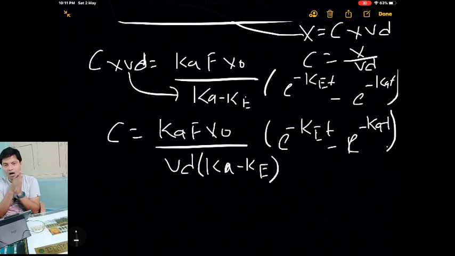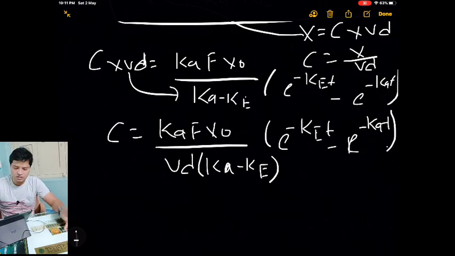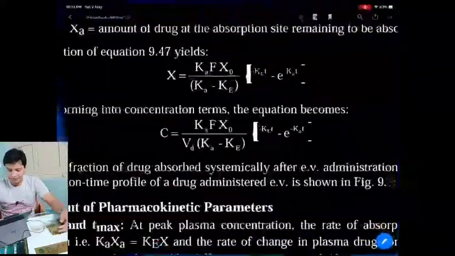If the elimination or absorption or anything is following first order, then only you are getting an exponent there, because here absorption as well as elimination are both following first order. We got two exponents, so we call it a biexponential equation. So this is the equation which they have written here.